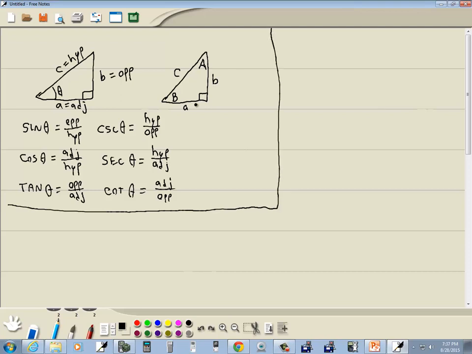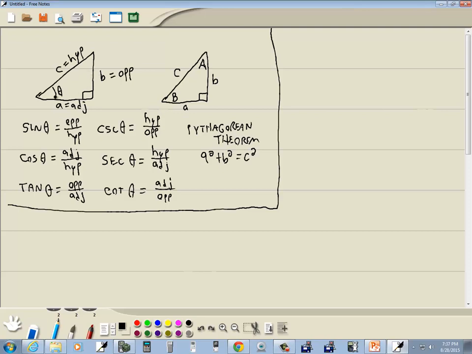Now, one thing in addition, the Pythagorean Theorem, if I can spell it. The Pythagorean Theorem says, if you think of it back in terms of A, B, and C that you saw back maybe in geometry, that's A squared plus B squared is equal to C squared.